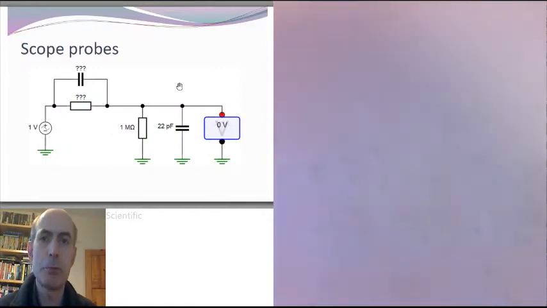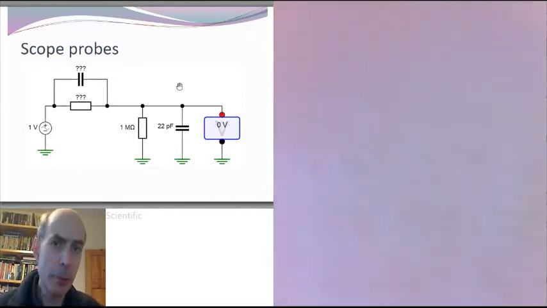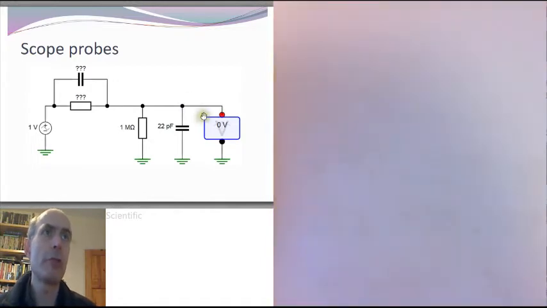Now, scope probes. Another part of this lab is to look at how times 10 scope probes work. Well, a times 10 scope probe wants to give the output at this point here 1/10 of the input here for all frequencies.